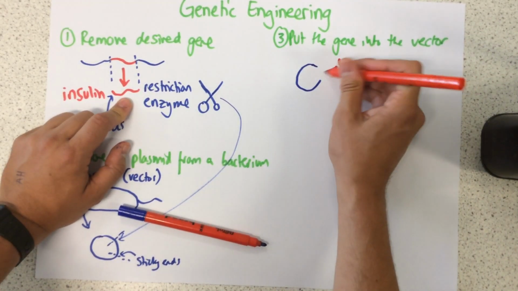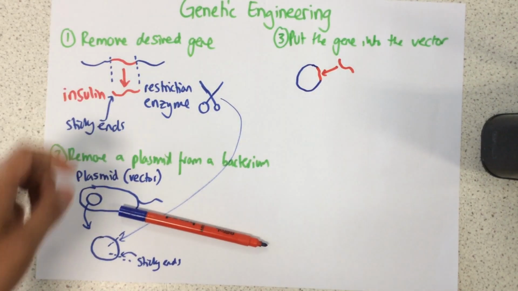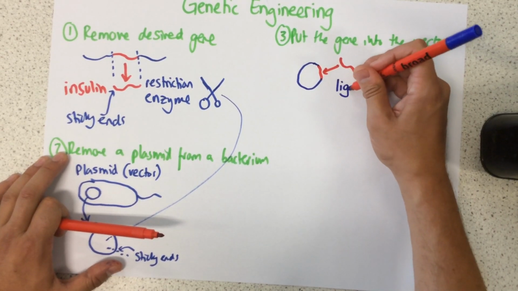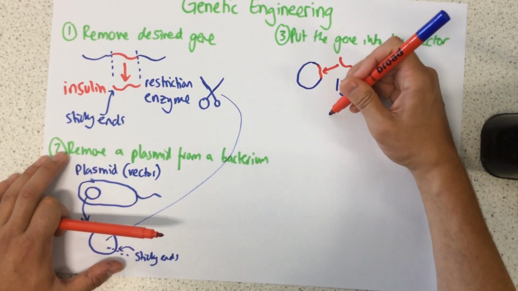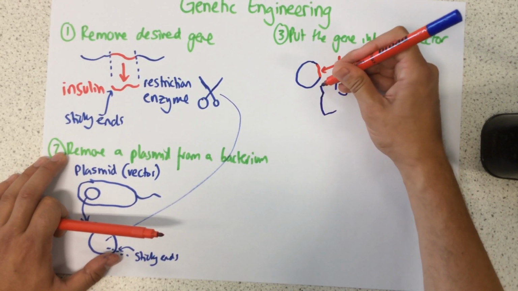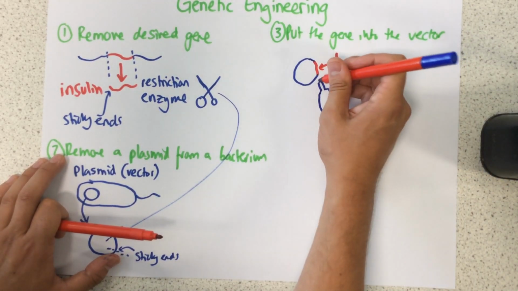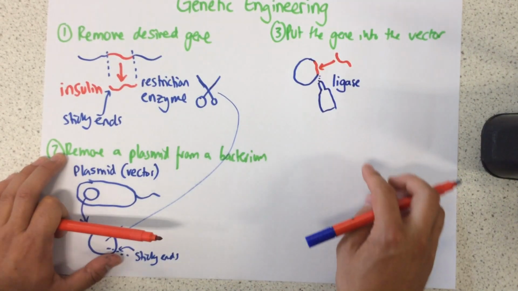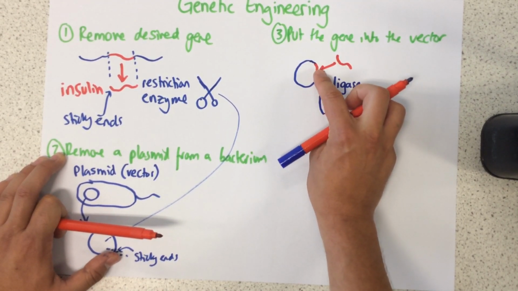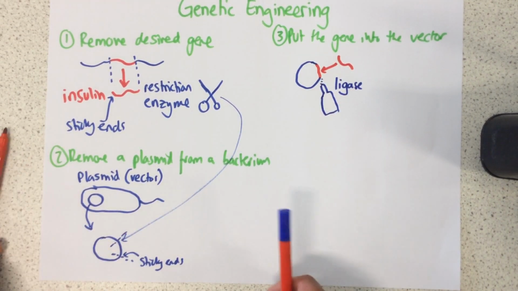I want to put that into the plasmid so it's incorporated in the plasmid's DNA. To do that, I use another enzyme, which is called ligase. Whenever I think of ligase, I think it's a little bit like glue, because it helps to stick our desired gene into the plasmid. So ligase is a little bit like glue.